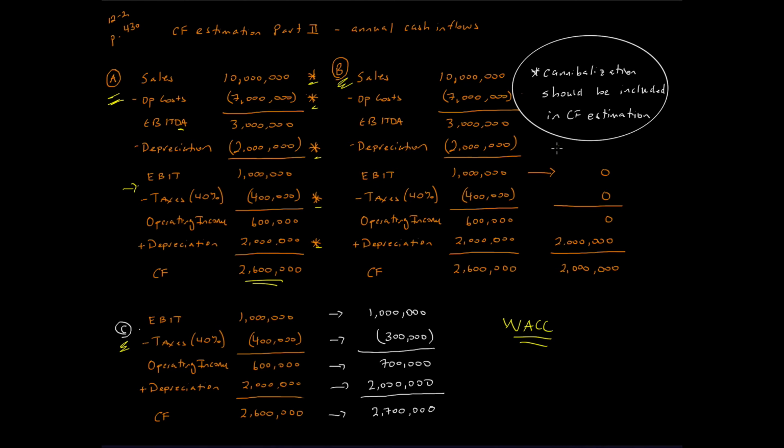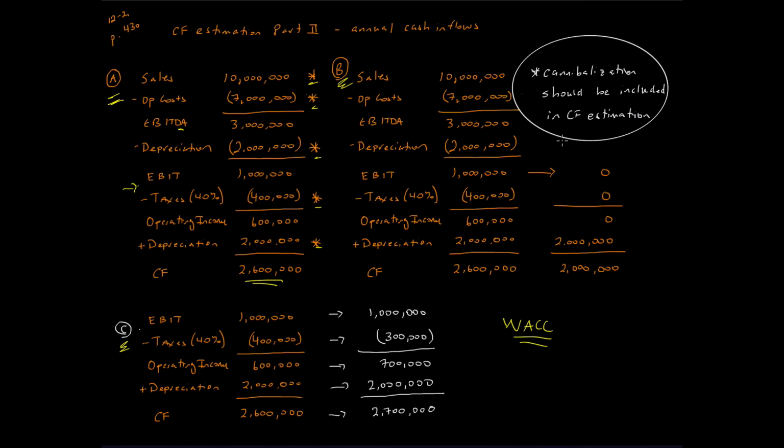So I need to make this adjustment before taxes. What I do, if you look in this column, this is exactly the same as part A, same numbers and everything. But I jump in here at EBIT, and cannibalization is when a new product eats into the revenue of other products. And cannibalization should be included in cash flow estimation.